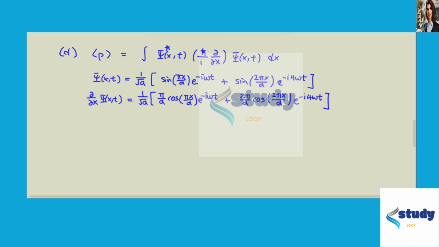Okay, and then here you can simplify by pulling out the pi over a.